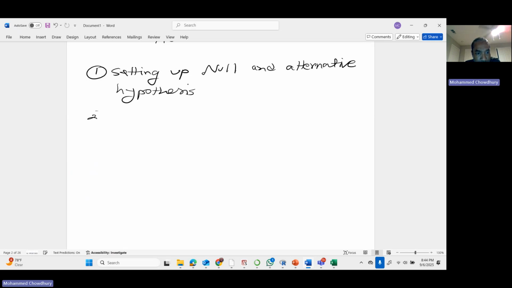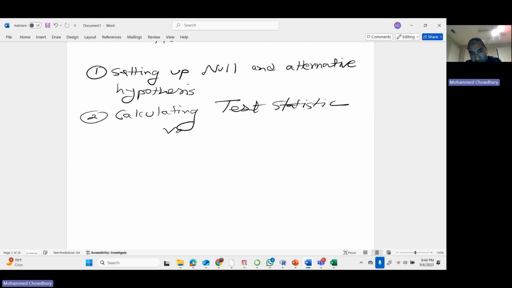Number two, calculating the test statistic value.